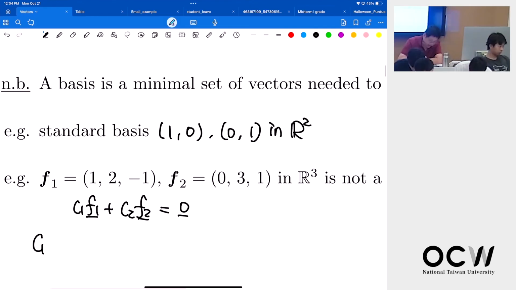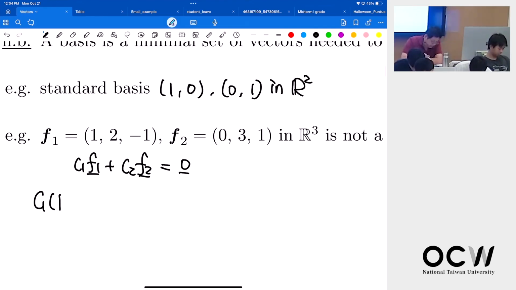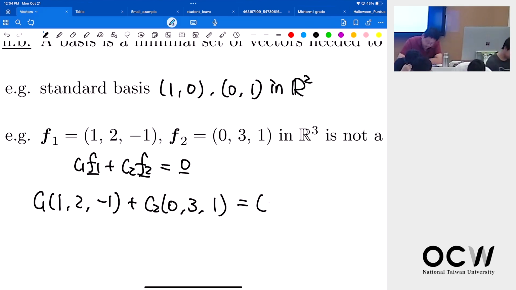We have c1 (1, 2, -1) plus c2 (0, 3, 1) equals (0, 0, 0).